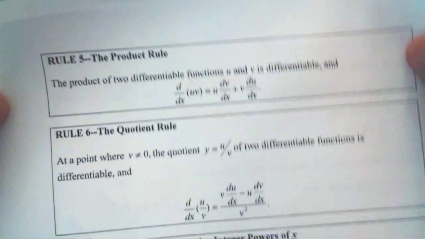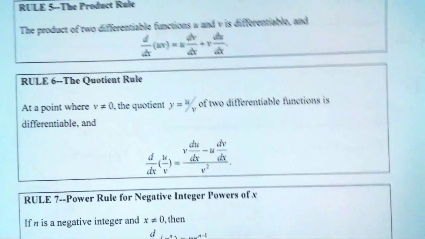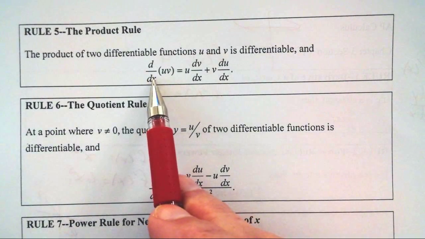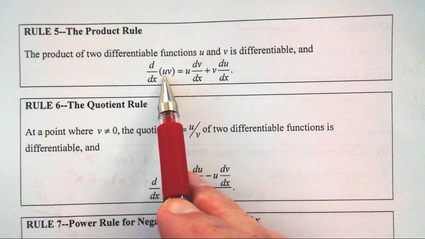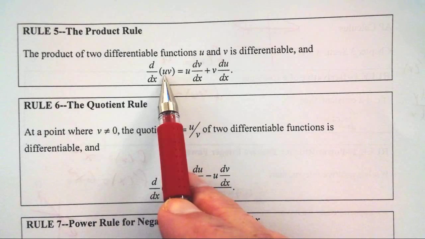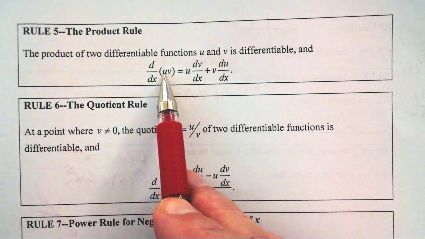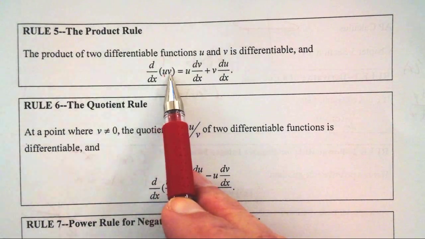However, product rule is not just what you would think it would be. You would hope maybe that this is just the derivative of u with respect to x times v, or maybe it's the derivative of u times the derivative of v. You would hope it's not. It would be this way.